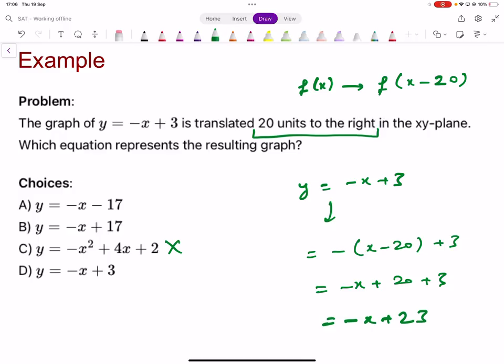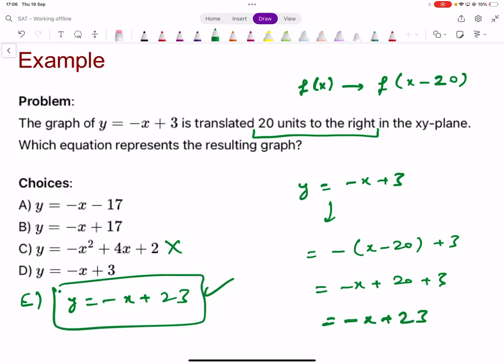Okay. These options are incorrect, I'm sorry. Let's add another option. It should have been minus x plus 23. And that's the correct option. Okay? This is what it should be.